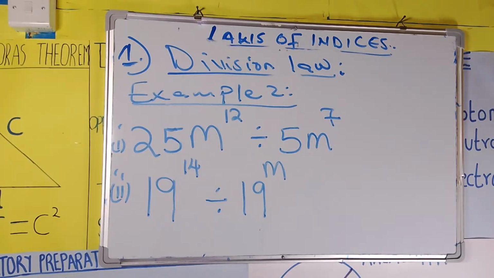Agwet, 5m power 5. The first one, 5m power 5, correct. Catherine, 5m power 5 is correct.